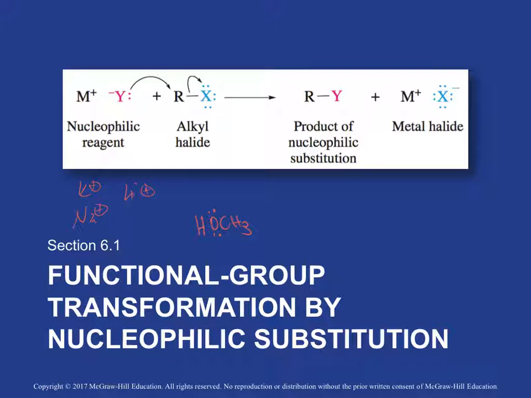It's not lithium, potassium, or sodium, it's hydrogen. And so then you can imagine in the final product here, this would be a hydrogen halide, and then the Y, which would be the oxygen, would be attached to the R group. Okay, that's why I just wanted to point out it's not 100% of the time that you'll see sodium, lithium, or magnesium there. You could have a hydrogen.